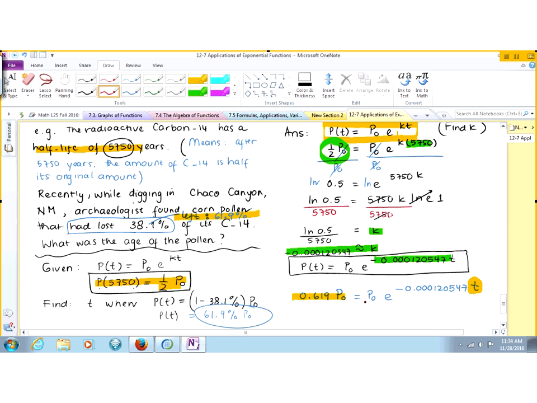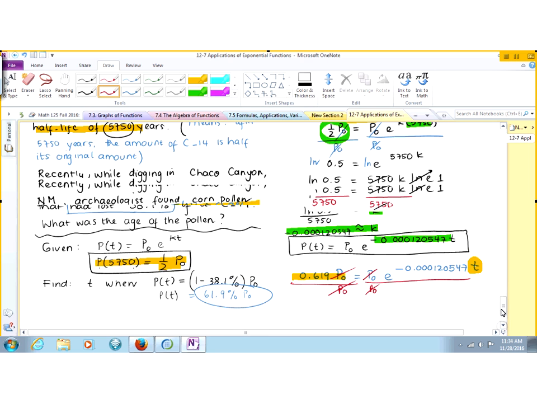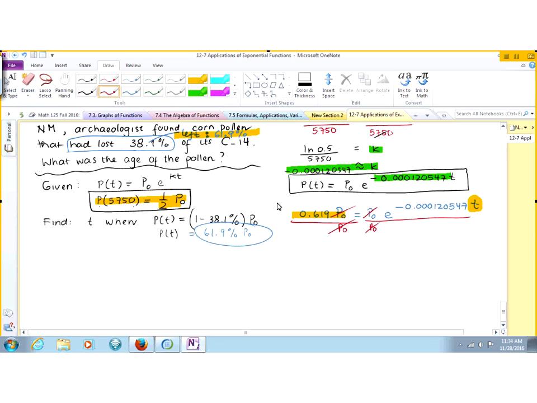Okay, now what am I supposed to do? How am I going to solve it? Divide both sides by P naught. You're right. Then what? ln both sides? Okay, so when we have ln, then we have ln 0.619 is equal to negative 0.000120547 P times ln e.